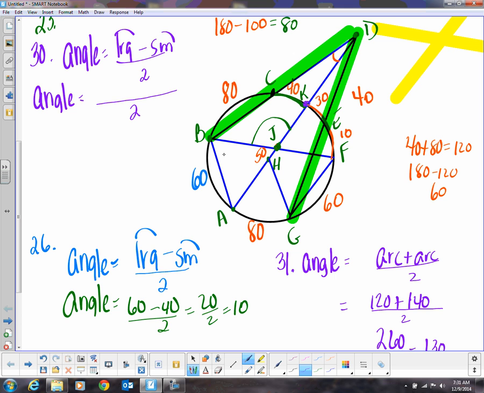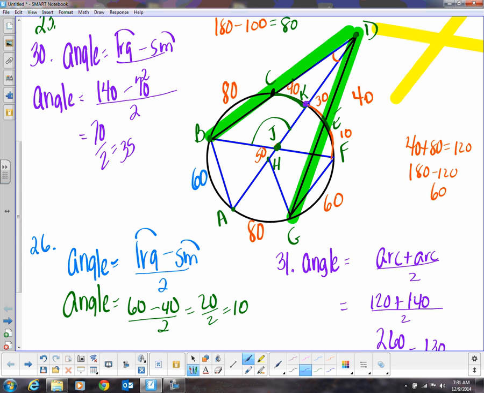Yep, because it doesn't cut off just 60 or just 80. It cuts off both. Okay, what's your small arc? Is it 40 plus 30? Yep, so minus 70. So you're going to have 70 over 2 or 35. Is that what I put? Is that my answer? Okay.